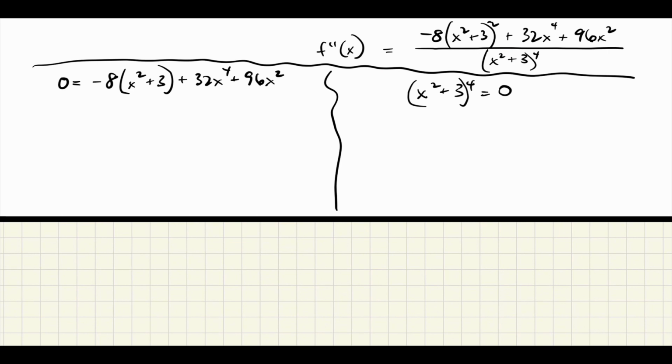So to get rid of the fourth power, you take the fourth root. The fourth root of 0 is just 0. Then I'm going to subtract 3 from both sides.